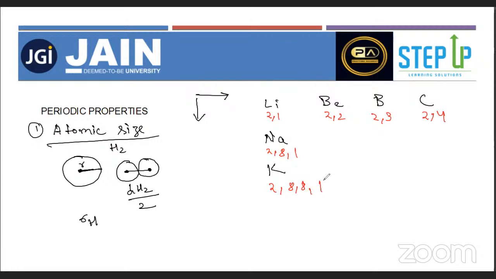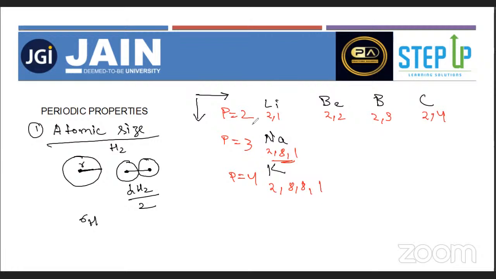So when you see this, every time there's an addition of an extra shell. Here I had how many shells? 2 shells means period number 2. 3 shells, period number 3. 4 shells, period number 4. So the number of shells represents the period number.